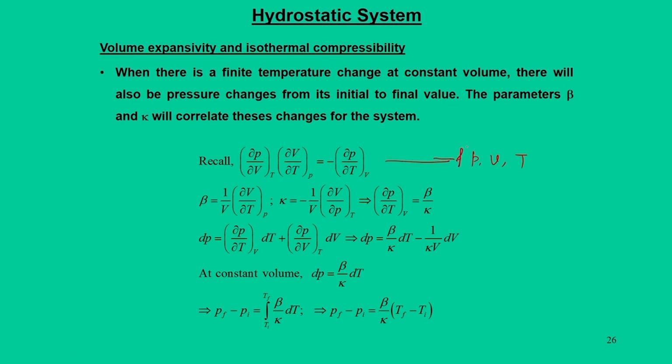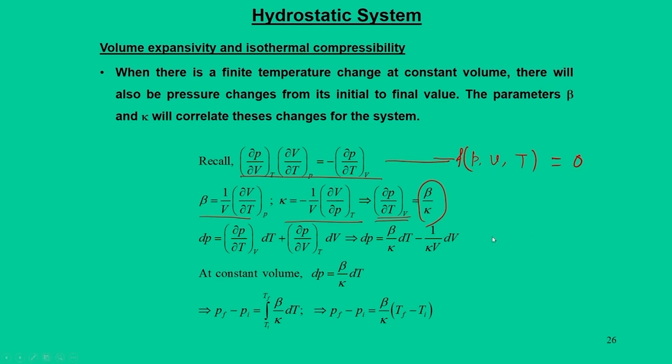If we say f(P, V, T) equals 0, then this equation was formed, where ∂P/∂V at constant temperature and ∂V/∂T at constant pressure, when they are multiplied, give rise to negative of ∂P/∂T at constant volume. And we have to recall the parameters beta and kappa, and from these two parameters one can find the ratio beta by kappa, and that is nothing but ∂P/∂T at constant volume.